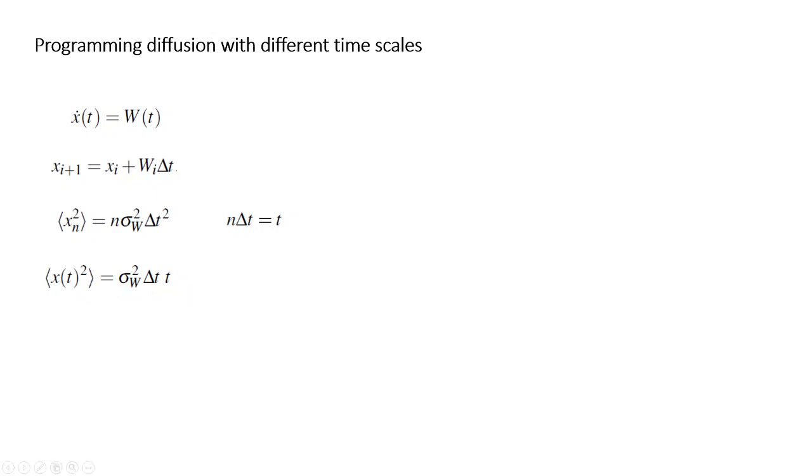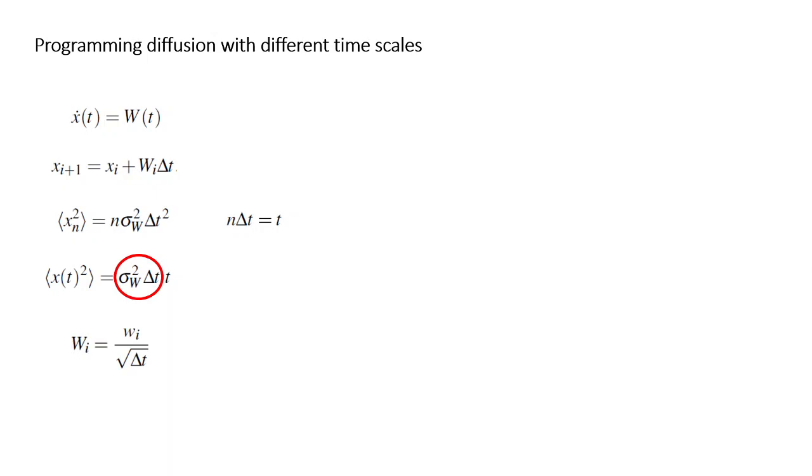Obviously here we encounter an expression that depends on delta t, which should not be the case, because if we change the time step of our simulation, the characteristics of our motion should not depend on our time step. That is why we need to reweight our random numbers according to our time step, and we need to rescale them proportionally to 1 over the square root of delta t.